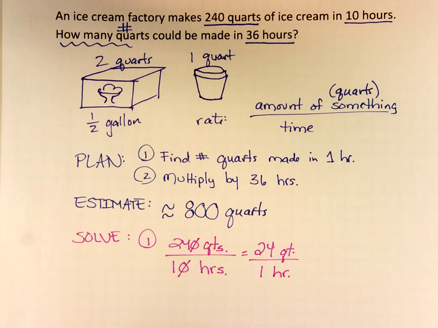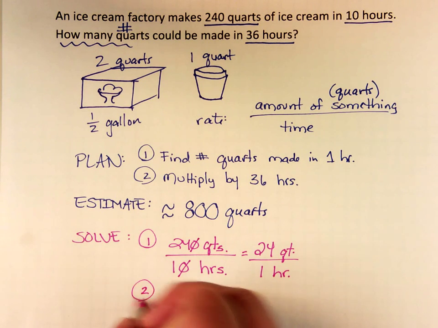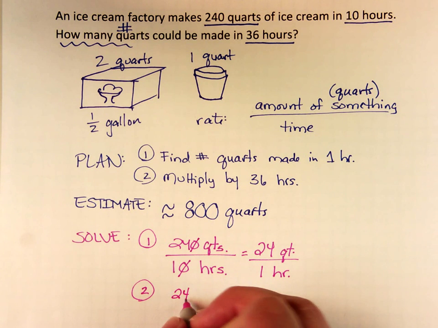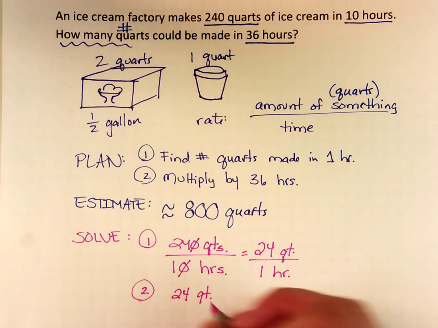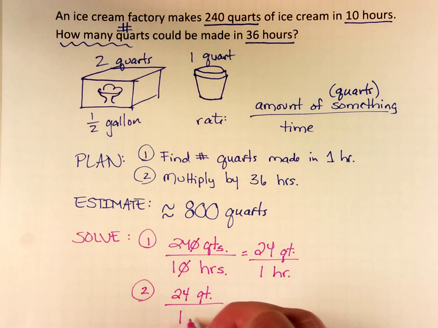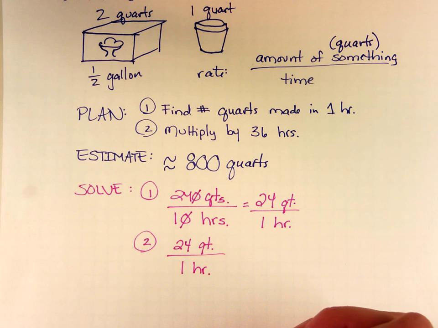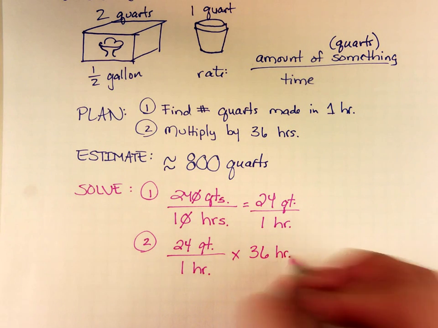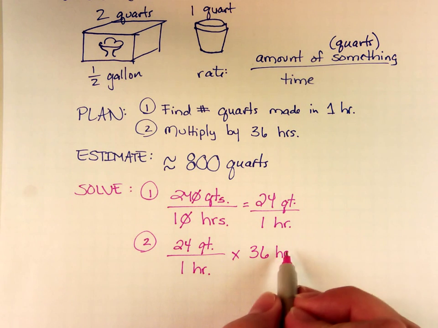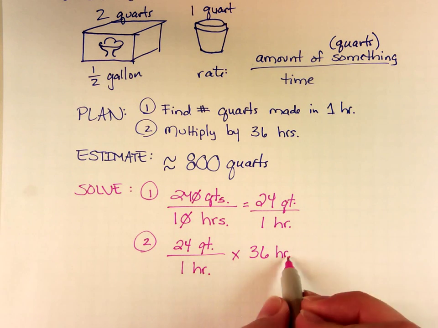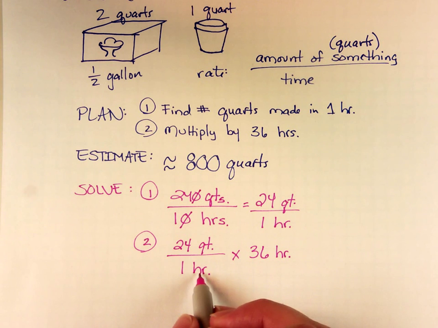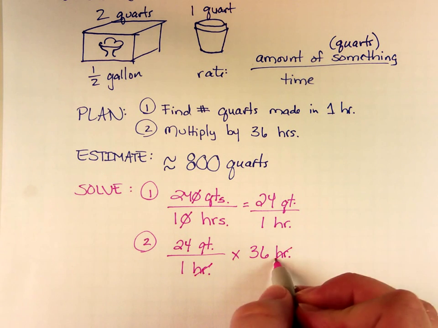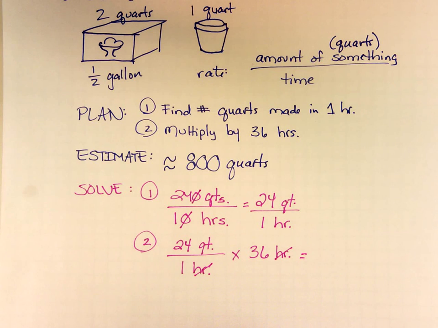Now, step number 2, multiply that by 36 hours. So we have 24 quarts every 1 hour being made. This is going to be nice the way it's turning out because I want to multiply it by 36 hours. And do you see what happens? I have hour on the top and hour on the bottom. I'm going to cancel these units out. And what units am I left with?